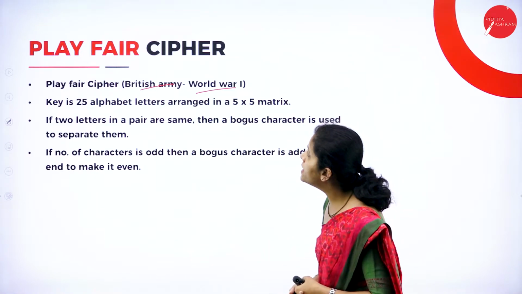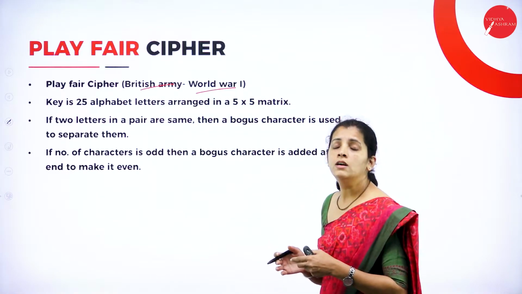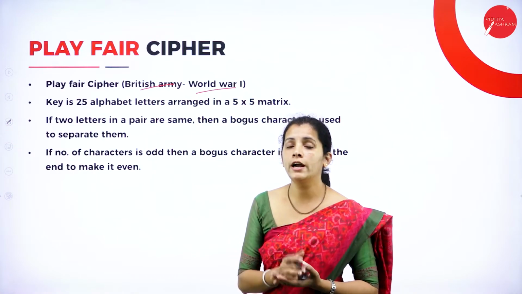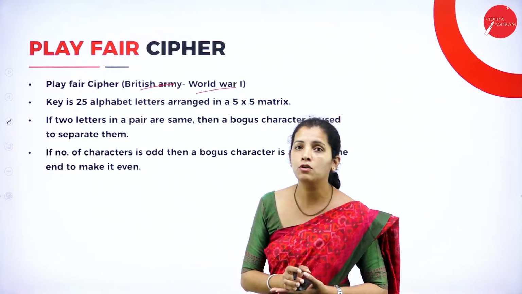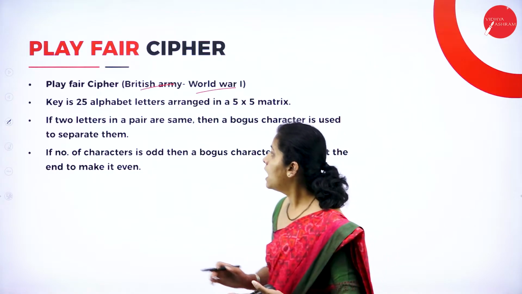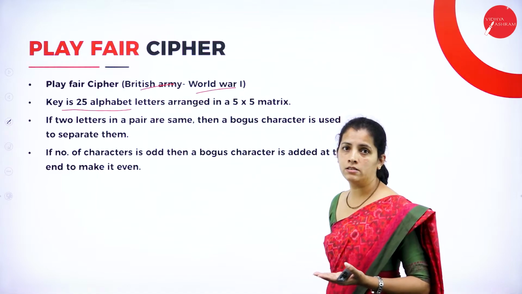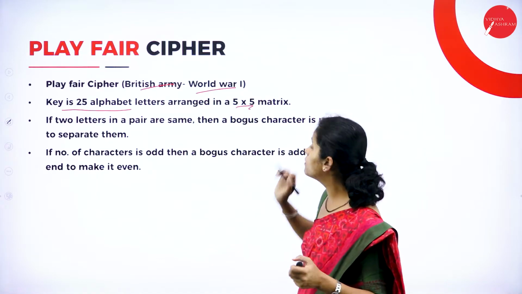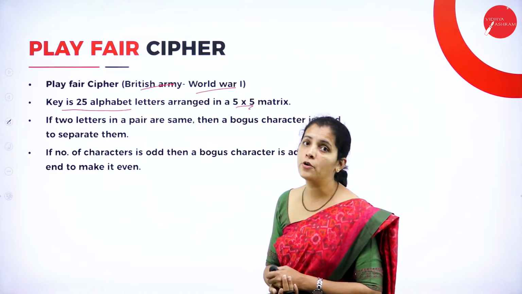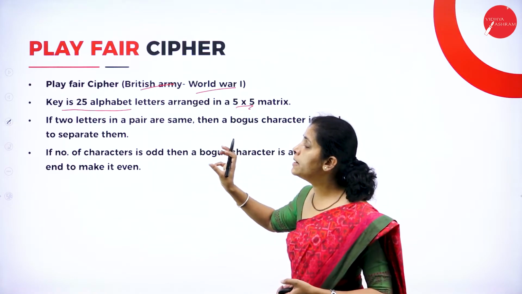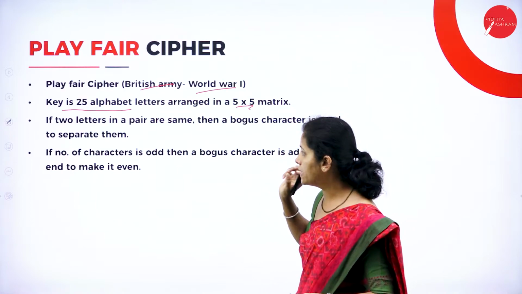And this Playfair Cipher makes use of matrix representation. And what kind of matrix? It is a 5 cross 5 matrix, and the key is 25 alphabet letters. So here I'm going to use a 5 cross 5 matrix, so I can place only 25 characters.